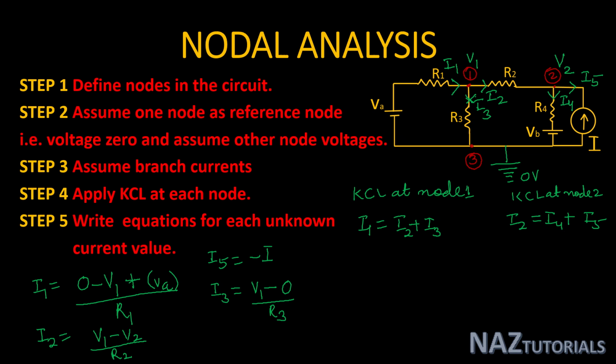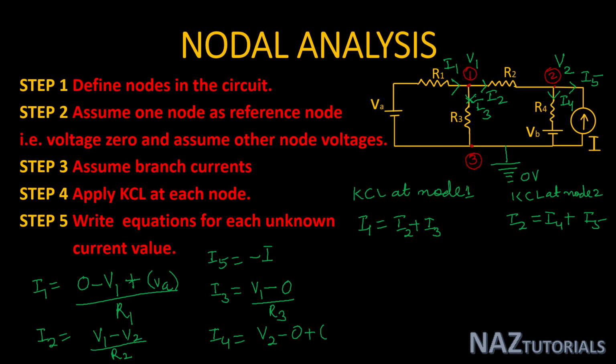Now come to I4. I4 is flowing from node 2 to node 3. Node 2 voltage is V2 minus 0, and in this branch there is one voltage source.